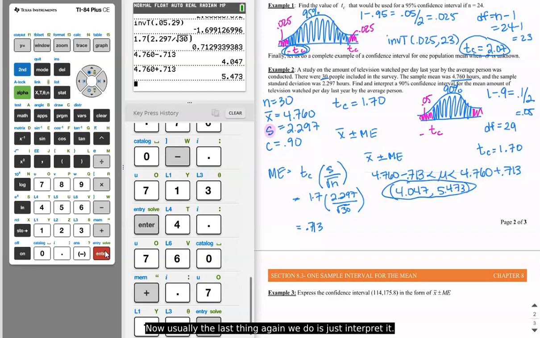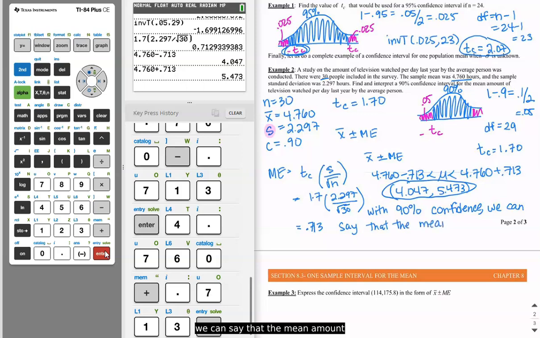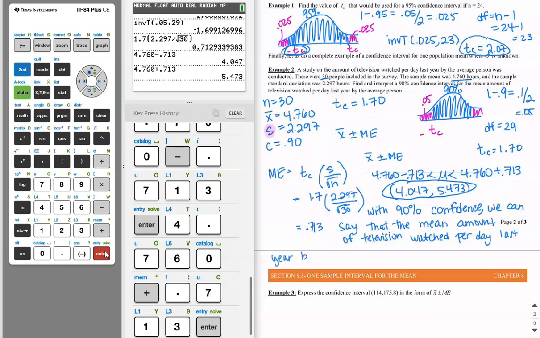And now usually the last thing we do is just interpret it. So we can say with 90% confidence that the mean amount of television watched per day last year by the average person was between 4.047 and 5.473 hours.